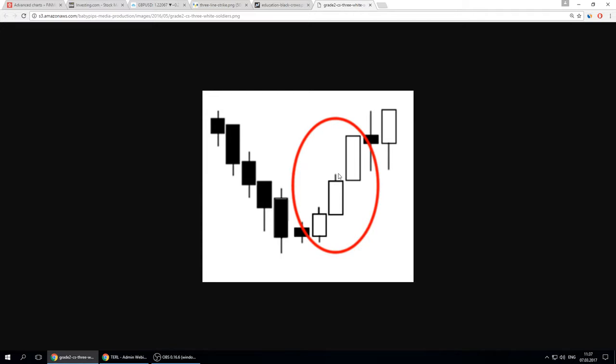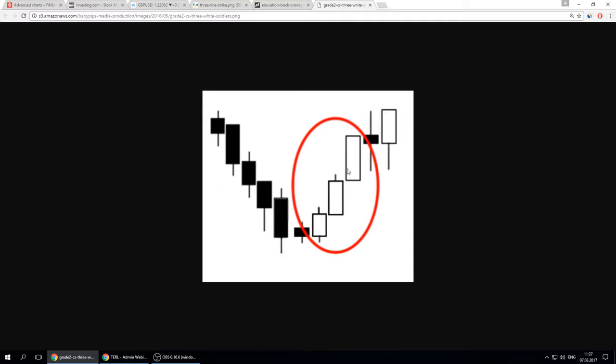So the description of these candles should basically be the same as for 3 black crows, but opposite. Each candle should start within the body of the previous one, and it shouldn't have long tails, it shouldn't have long shadows, and the body of the candle should be relatively long.